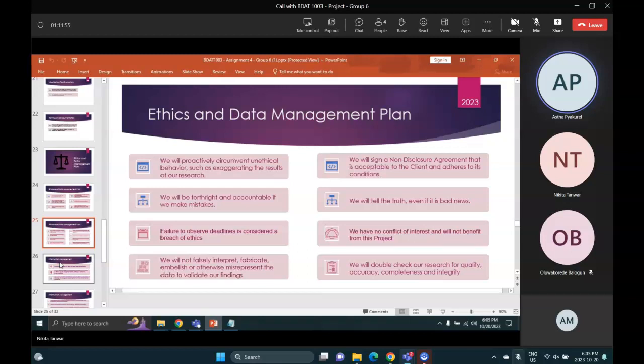And since it's part of maintaining transparency with our clients or customers, we will sign a non-disclosure agreement that is acceptable to our client and adhere to its conditions. And even if it's bad news, we are supposed to tell the truth to our customers, and we will double check our research for quality, accuracy, and to maintain integrity as well. Next slide, please.